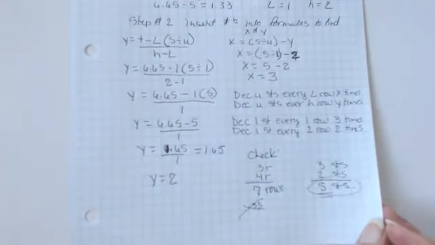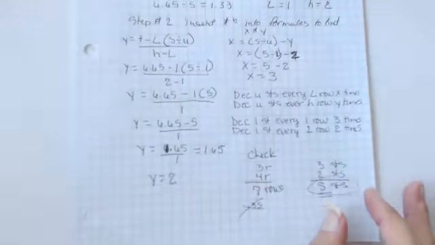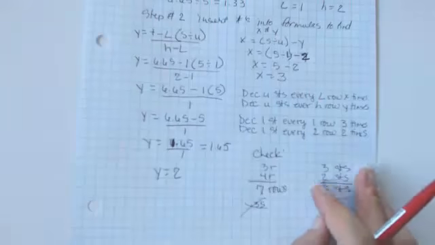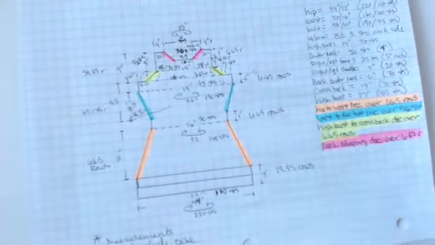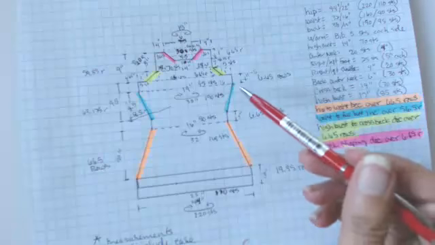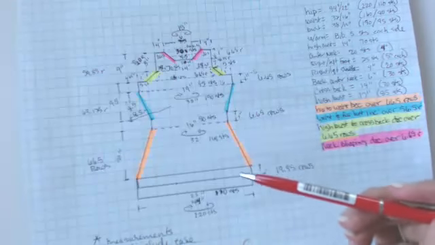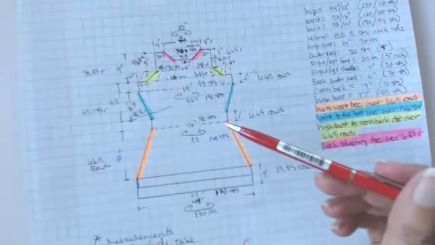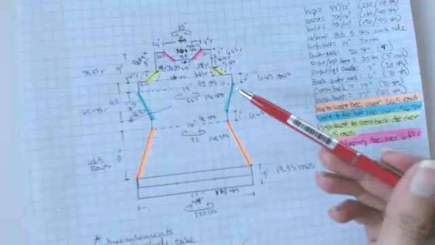So that's it for this example of this particular formula. This is not the only way to figure out your ratios of decreasing and increasing evenly over a specified number of rows to get from a bigger number of stitches to a smaller number of stitches, and from a smaller number of stitches back up to a bigger number of stitches, and so forth.